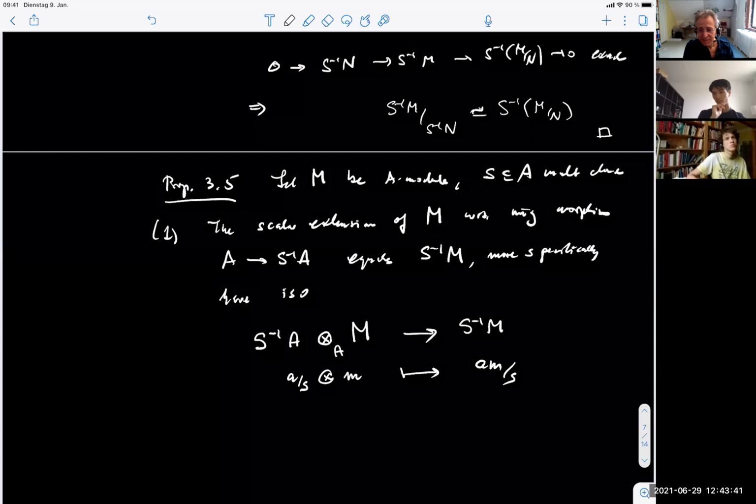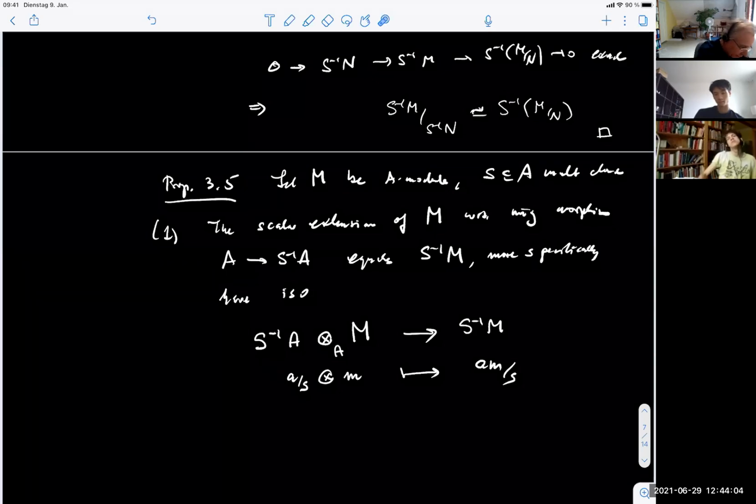So you see, instead of writing this way, I could have written it this way. And structurally, that's what it is. The localization of the module is a scalar extension of the module with respect to the localization of the ring.